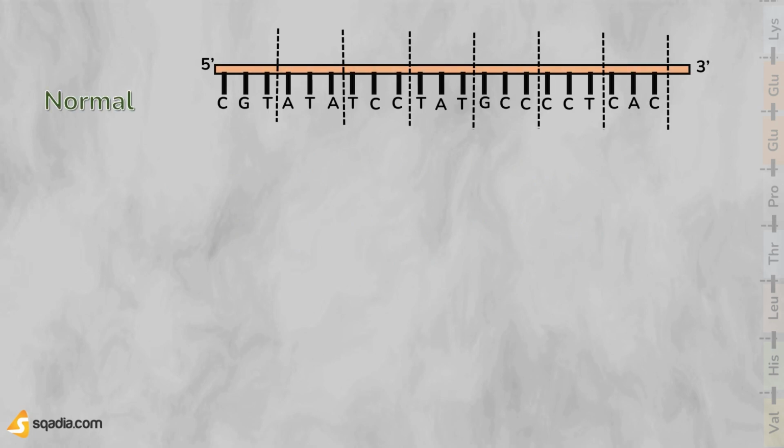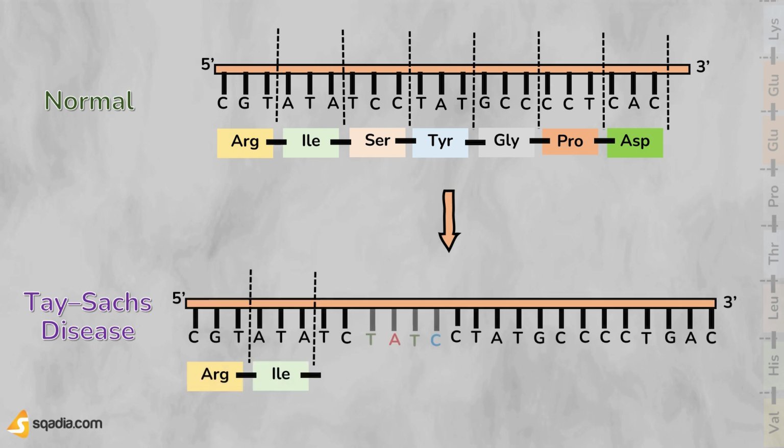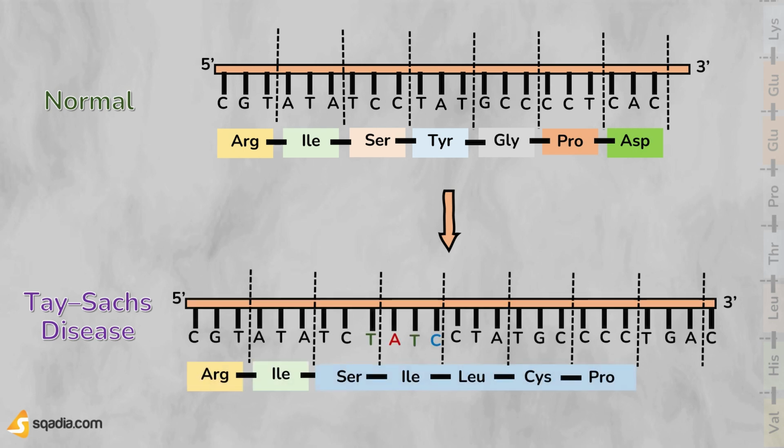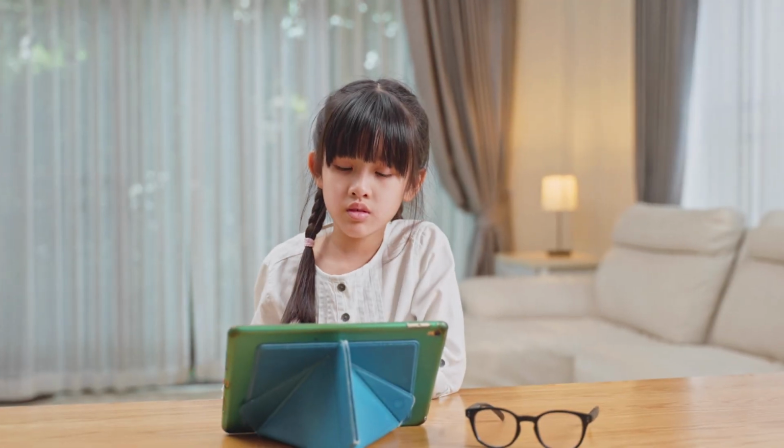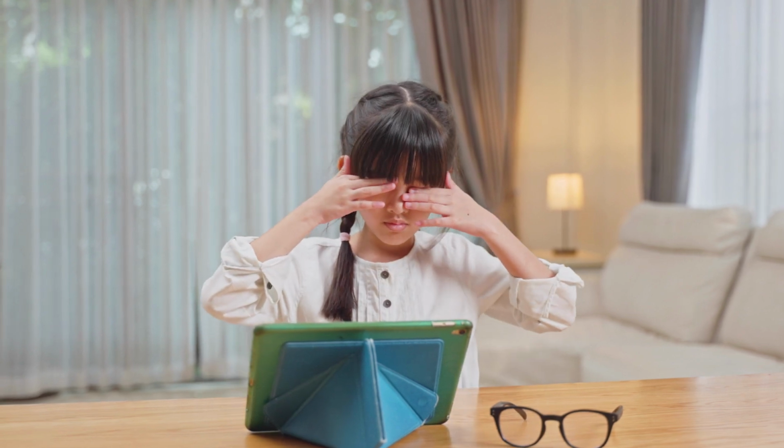This is the normal sequence. That causes functional hexosaminidase A to be synthesized. But in Tay-Sachs disease, 4-base insertion, frameshift, and premature termination occur. Tay-Sachs disease is a rare genetic disorder, passed from parents to child.